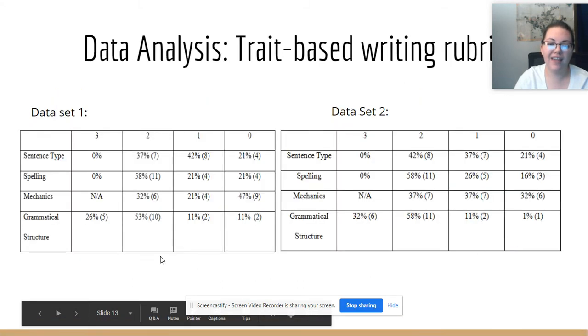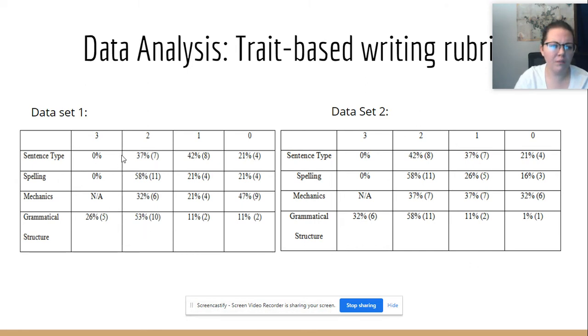Looking at that data, data set 1 is before implementing the photography project, and data set 2 is after. For data set 1, no students got a 3 on sentence type for how complex it was, like a compound sentence. 37%, or 7 students, got a 2, 42%, or 8 students, got a 1, and 4 students got a 0.